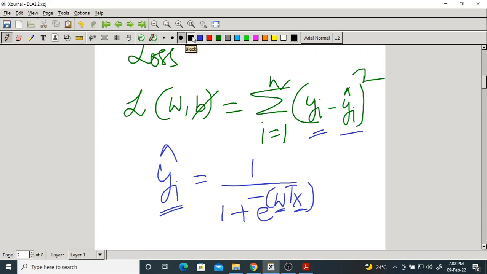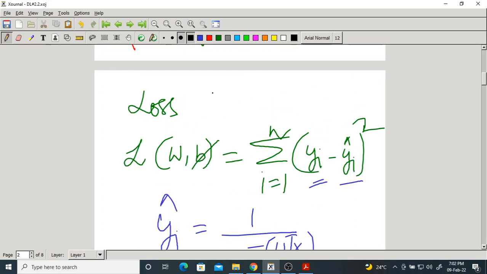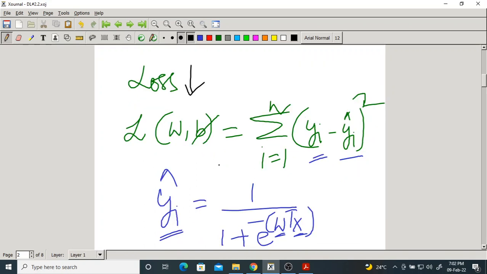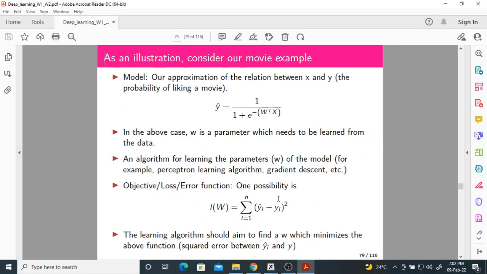Anyway, now let us proceed further. Now our aim is to minimize the loss. Okay. Actually we should make the loss or error equal to 0, but that is very hard. So what we do is we try to minimize the loss function. Okay. So we build a network such that the loss is minimized. Yeah.